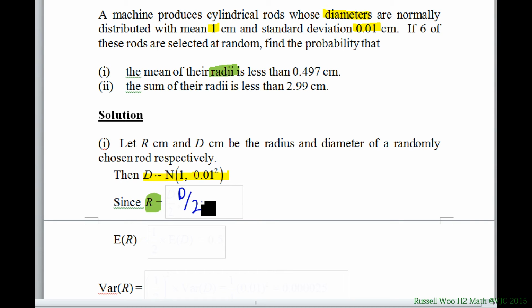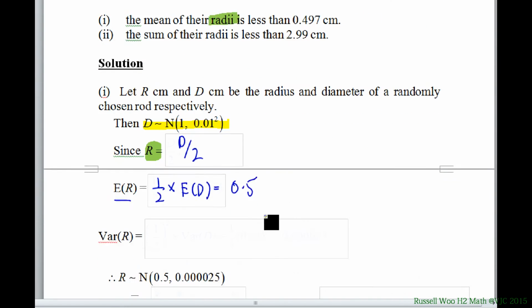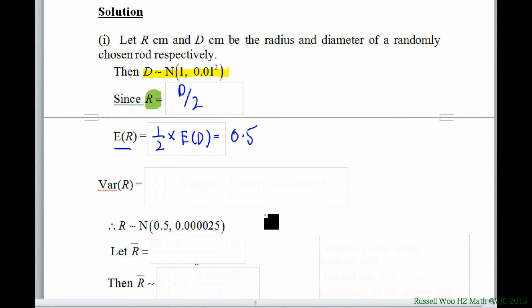What is the expected value of R? What's the mean of R? It must be half times the expected value of D, which is 0.5. Correct? Quite obvious. Next. What is its variance? Now we have half D, right? Variance of R must be half squared times variance of D, right? Follow?